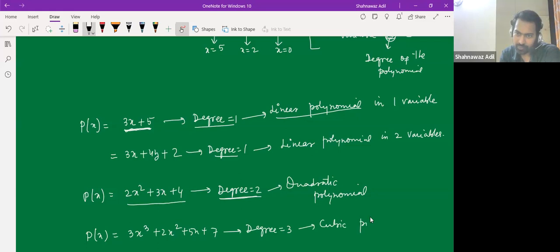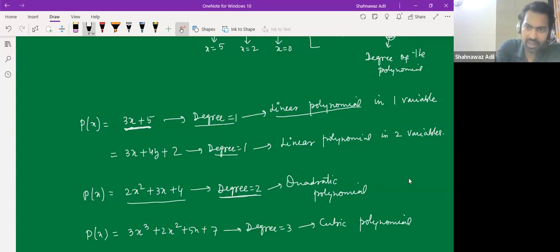So these definitions are on the basis of the degree of the polynomial. The previous definitions were on the basis of the number of terms, but these are on the basis of degree.